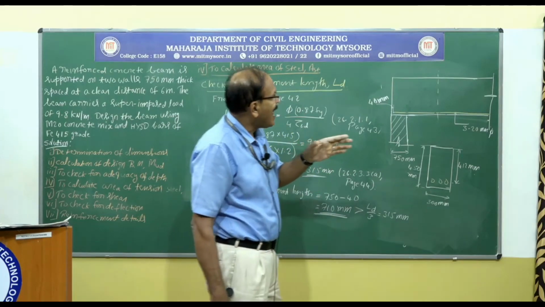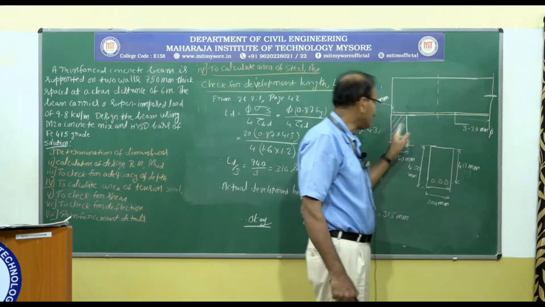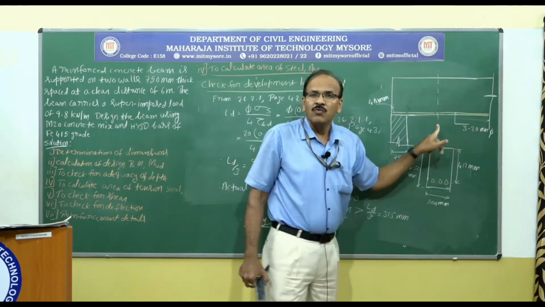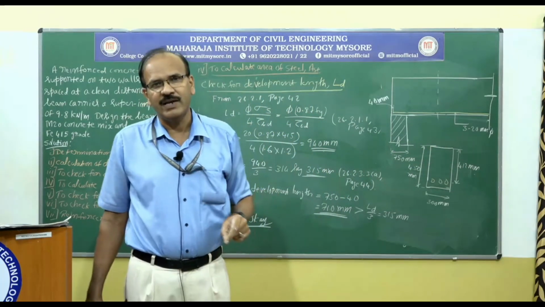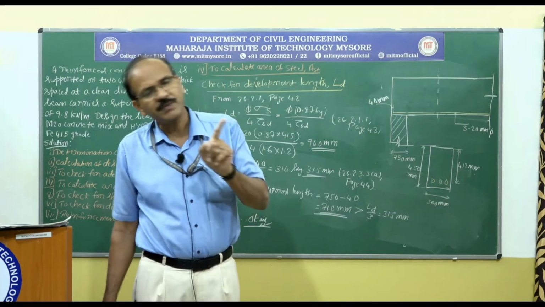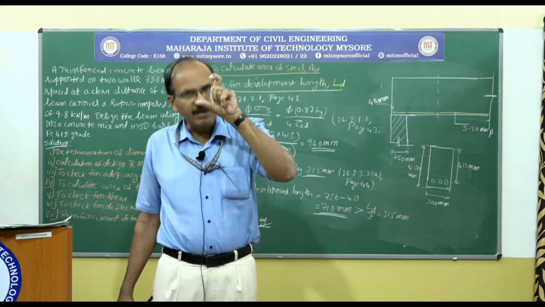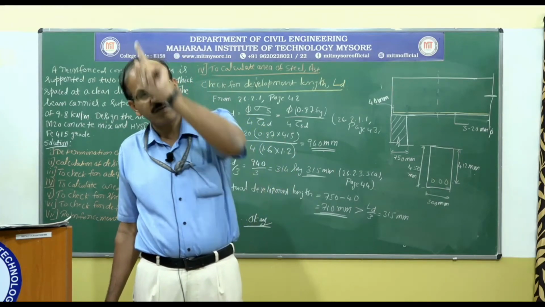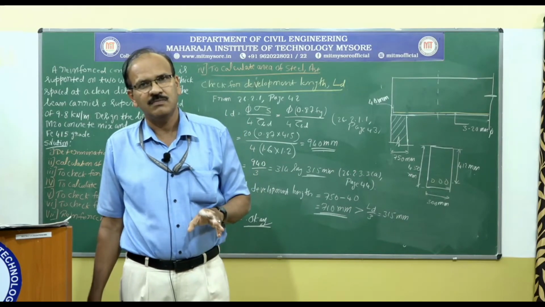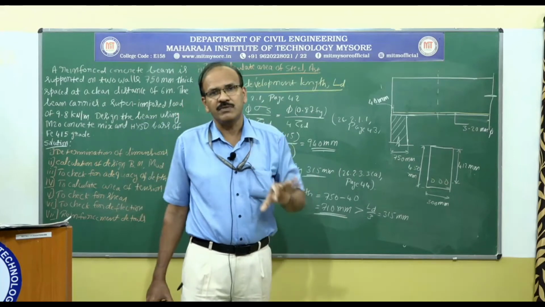So we knew that around 1/7 of the span from the support, we will have 50% of the maximum bending moment value. If you remember the bending moment diagram, at about 1/7 of the span, the bending moment at that section will be about 50% of the maximum bending moment. Is it clear? There we can cut 50% of the bars.